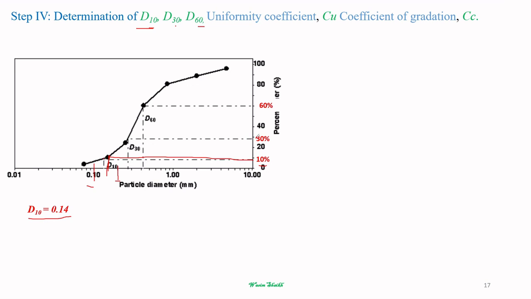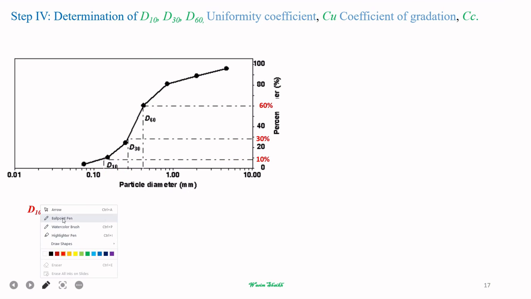Similarly, we determine the value of D30 from 30%. Join this line, drop it on the x-axis like this. Let me remove everything. I'll show you once again. From 30%, draw a line wherever it meets your curve.